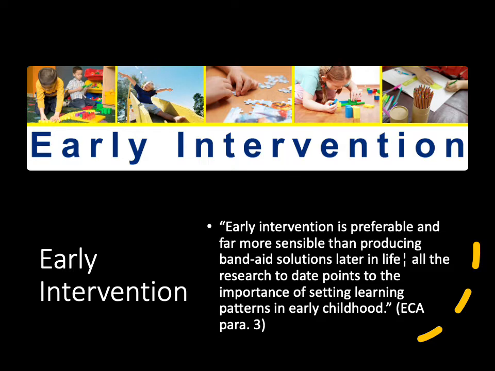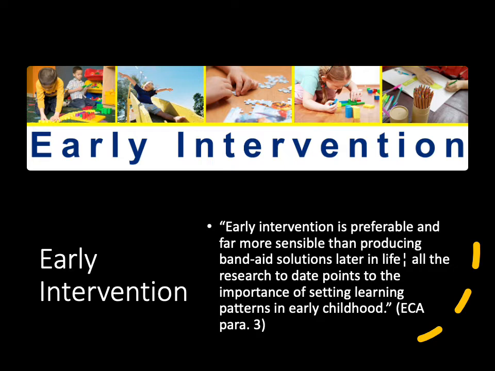So early intervention is the way that we highlight things that are potentially going to be issues for children later in life. What we know is that if we can help and intervene early, we're resetting those patterns so that we have the best chance of success for every individual we are working with.